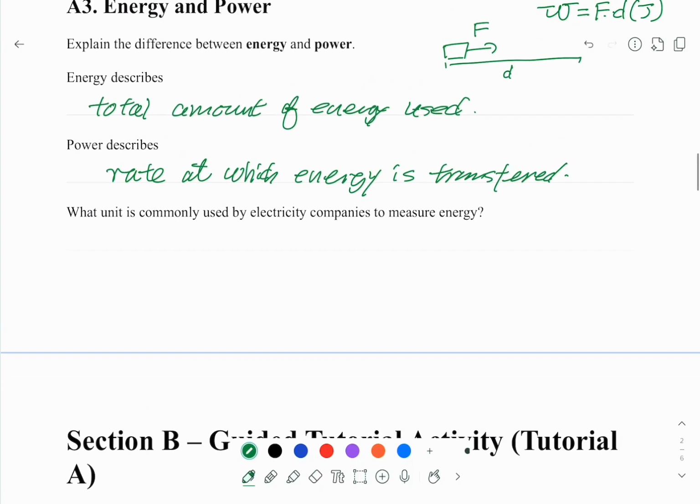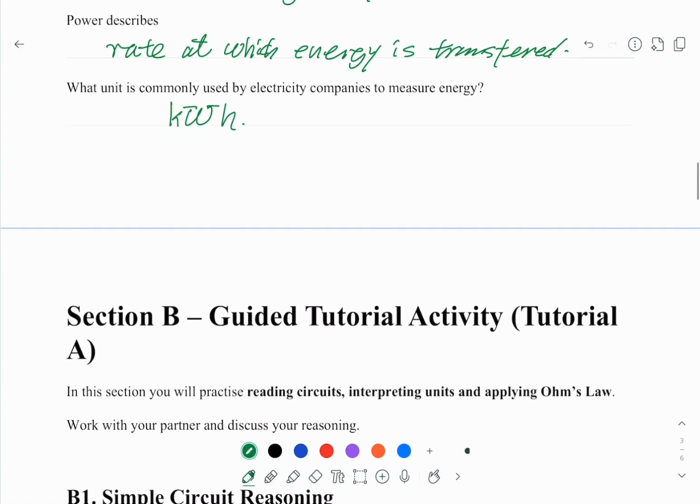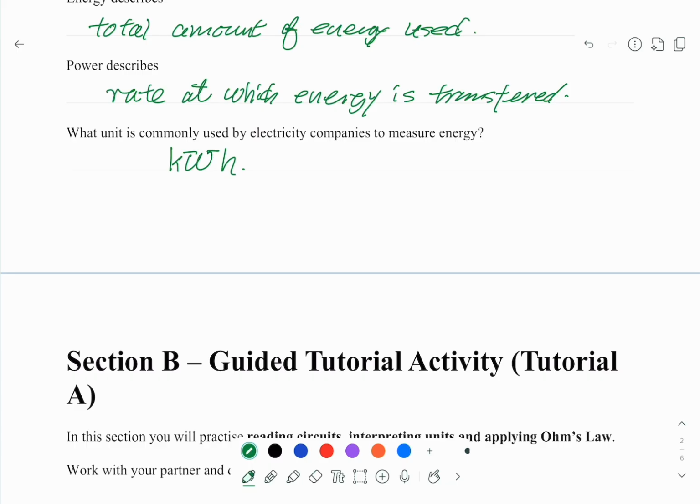Now, you will commonly find in the electricity bill that you are billed in kilowatt hour. Let's break it down. Kilowatt hour: kilo is the prefix, so it's 10 to the power 3, and this means 10 to the power 3 joule per second. Then in each hour, how many seconds? It is 60 times 60 seconds.